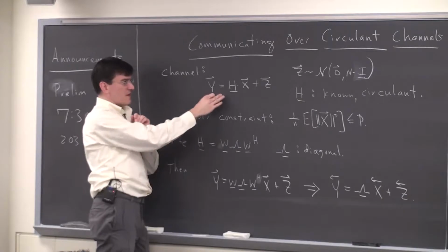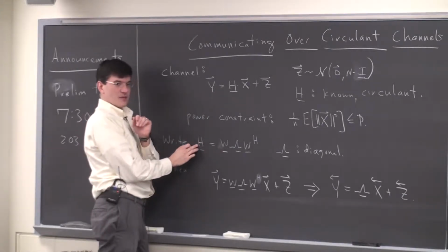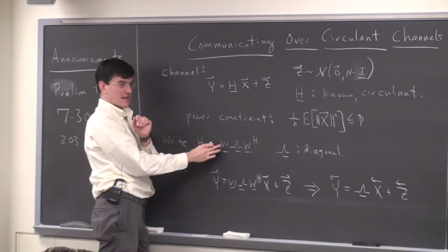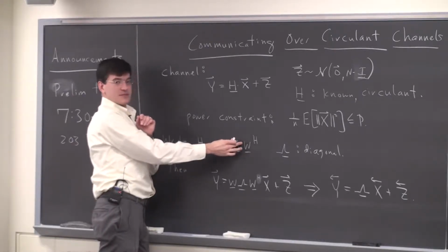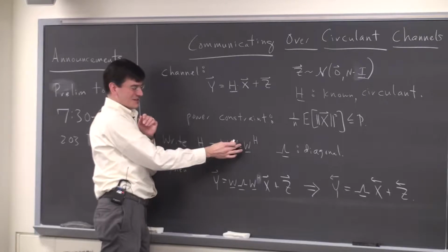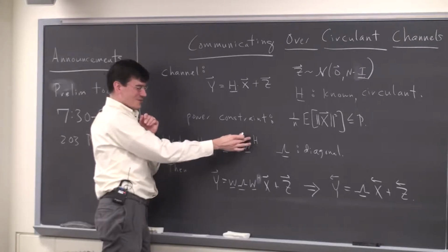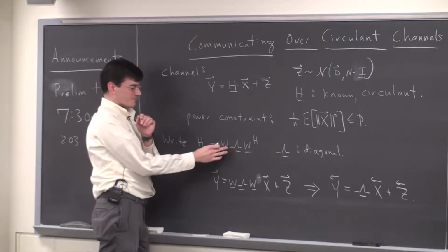So if H is circulant, then we know we can diagonalize it like so. Any circulant matrix can be written as the IDFT matrix times some diagonal matrix Lambda times the DFT matrix, that's the IDFT matrix Hermitian. Lambda is diagonal.